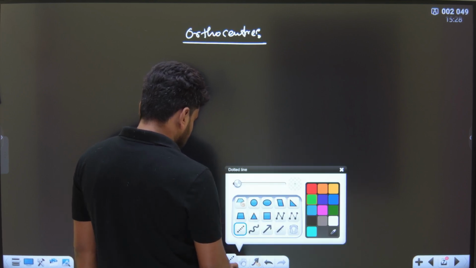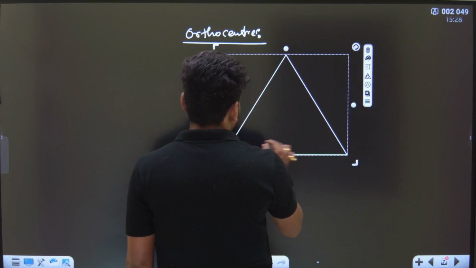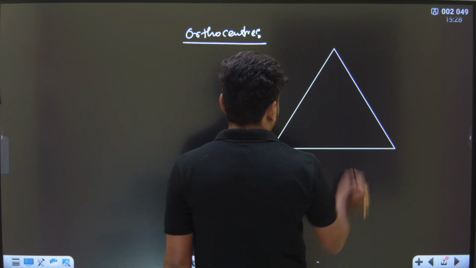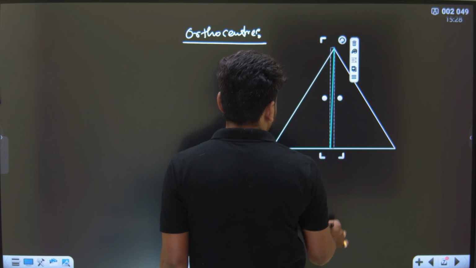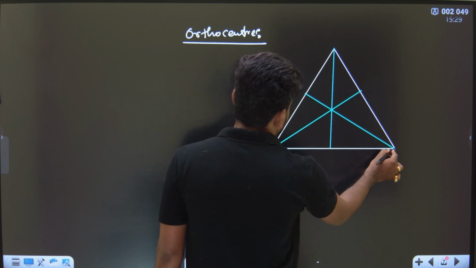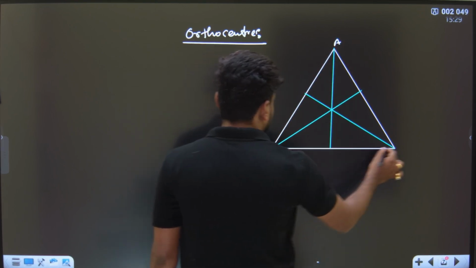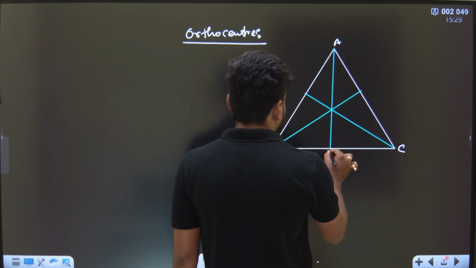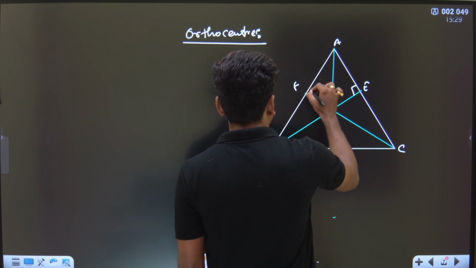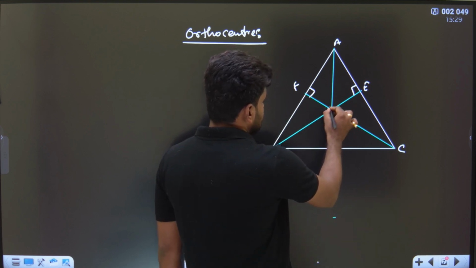Suppose this is your triangle, and its altitudes are, suppose this is your altitude, and this is A, B and C. Now suppose this is D, which is a right angle, E is also a right angle and F is also a right angle, and this will be known as the orthocenter.